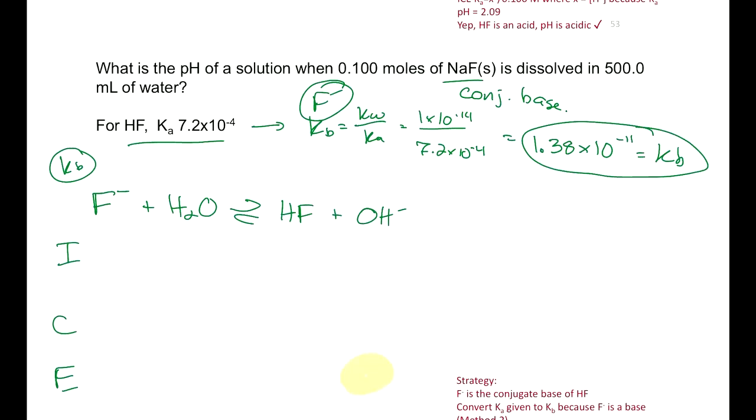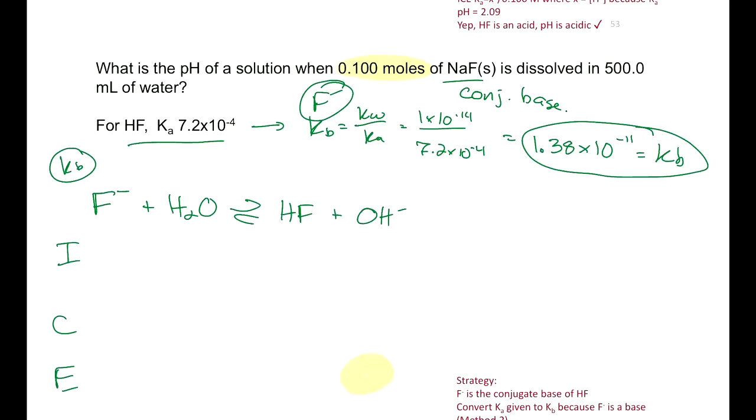And so let's fill in the rest of this ice table. What number is going to go in our initial line under F minus? Is it going to be 0.1? Yeah, it's 0.1. So 0.1 moles goes in the ice table. Nope. What is the unit that our ice table needs to be in? Molarity. So what is the actual number that needs to go in that I line?